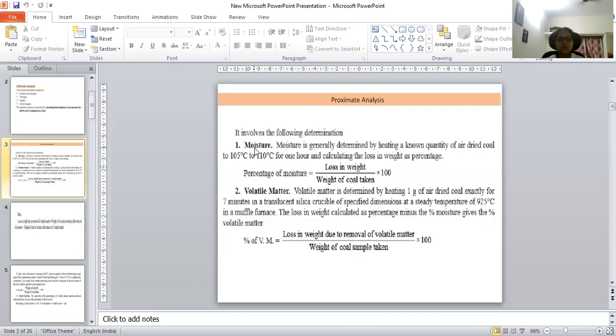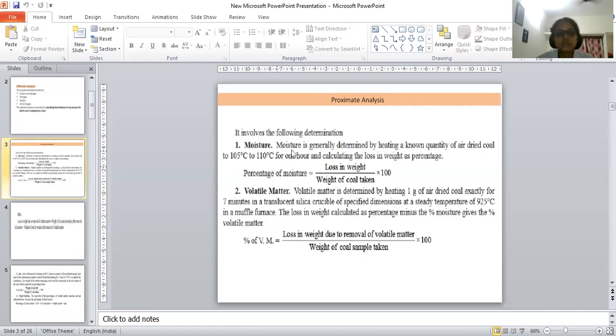To determine the moisture content, here we have to take a coal sample, a minimum of 1 gram of air dried coal. That should be heated at about 105 to 110 degrees centigrade in a silica crucible or muffle furnace for 1 hour.